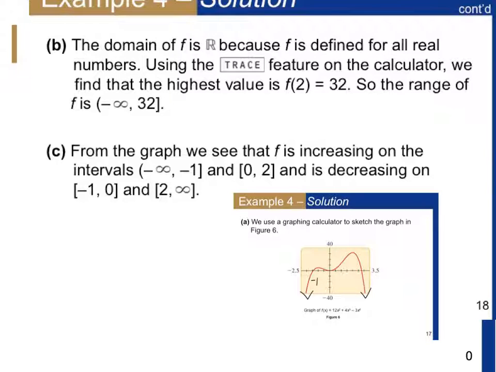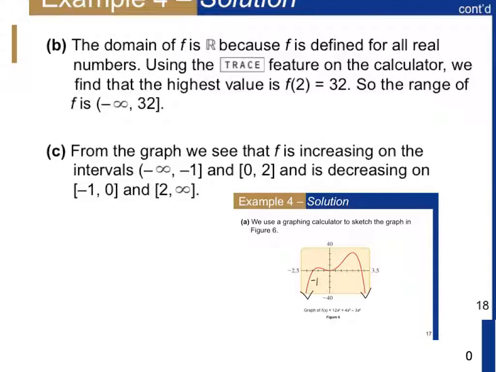So it's increasing, coming from minus infinity up to here, from minus infinity to minus 1 on x. Then it's decreasing from minus 1 to 0 on x. We're talking about on x. And then it starts increasing again until we get to about 2.